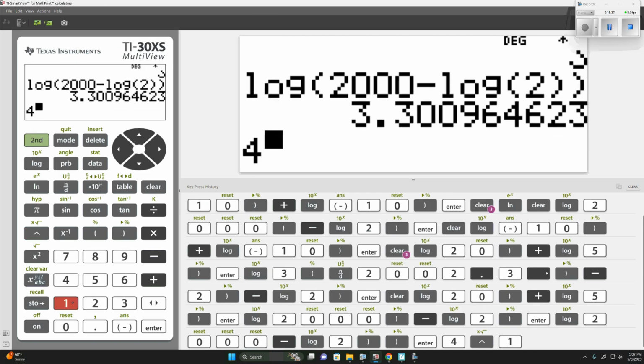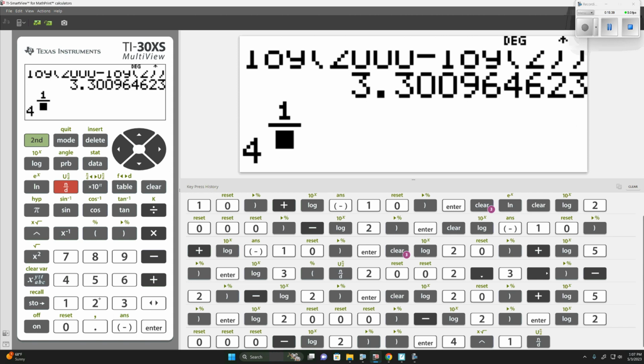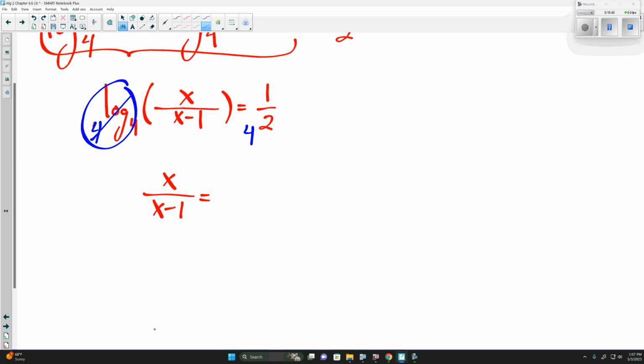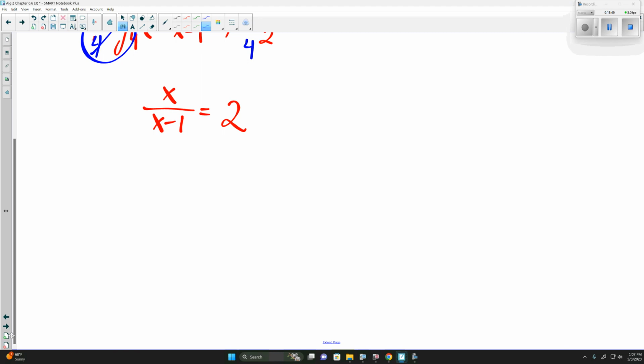So 4 to the 1/2 is, because the 1/2 exponent is the same as saying the square root of 4, which is 2. We multiply both sides by x minus 1.